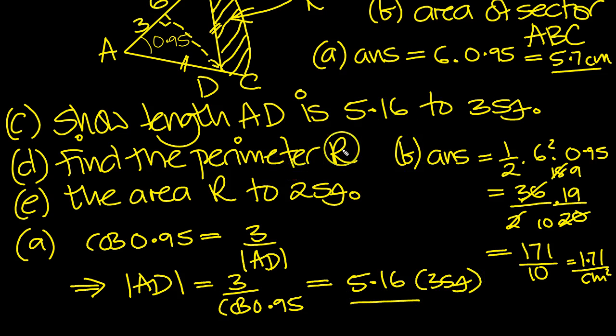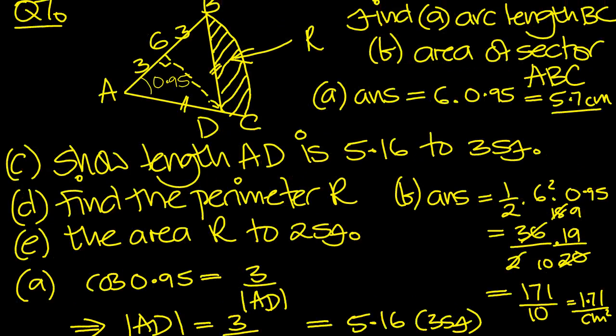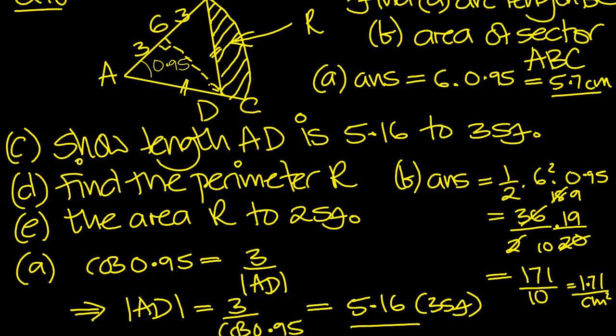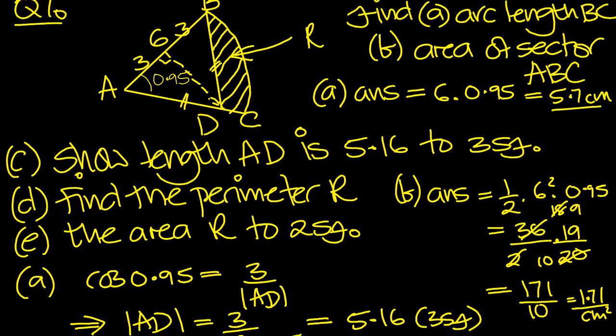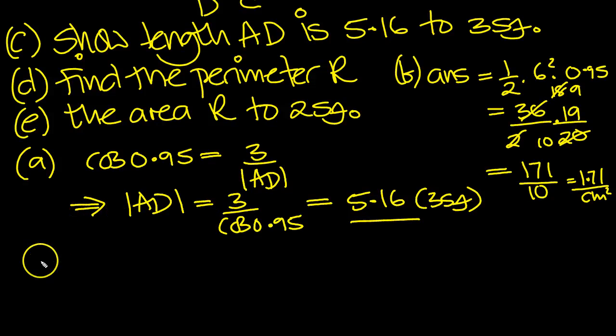Find the perimeter of R. The perimeter of R will be this length here, BD, and this arc length here, and this distance here. We know AD equals BD. So let's write it down.